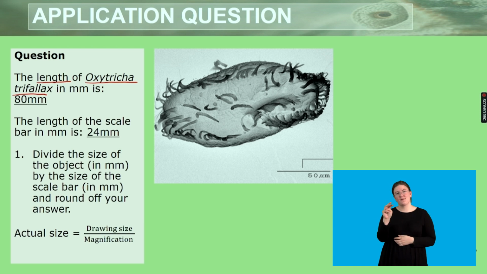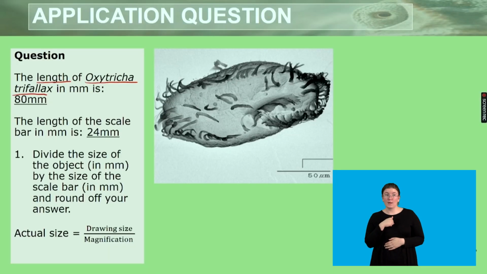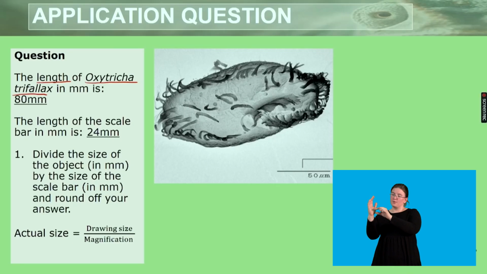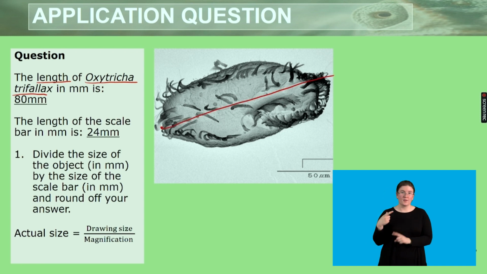You know that whenever we are measuring microorganisms, we use our ruler and we measure the length of the microorganism and of the scale bar using millimeters. So this means that the length from this end to the other end is 80 millimeters.